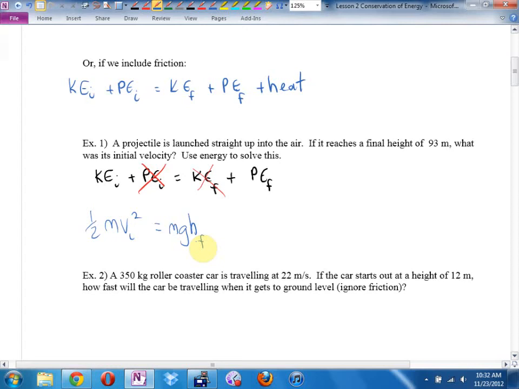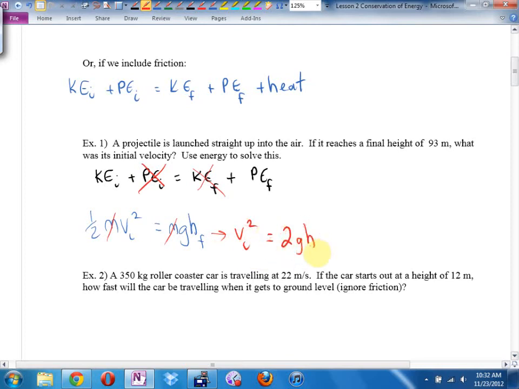Mr. Duick, I don't know how much the projectile weighs. Yeah. Why didn't I bother telling you? Megan, turns out the mass cancels. And how would I get the v initial by itself? What would I do with that 1/2? Times by 2. In fact, Megan, I think we get this. V initial squared equals 2gh.